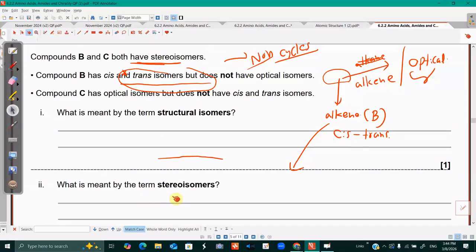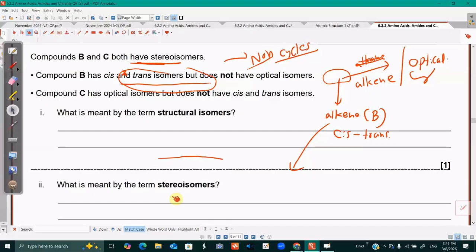Stereoisomers, what do you think? When it's on the same side or the opposite side.